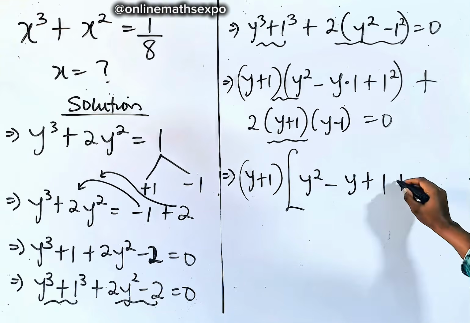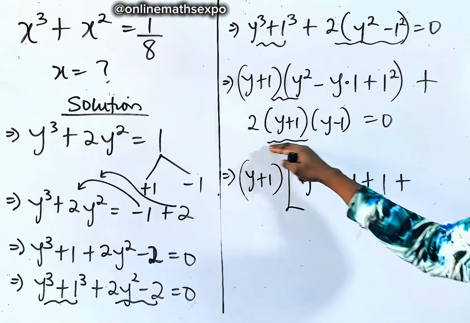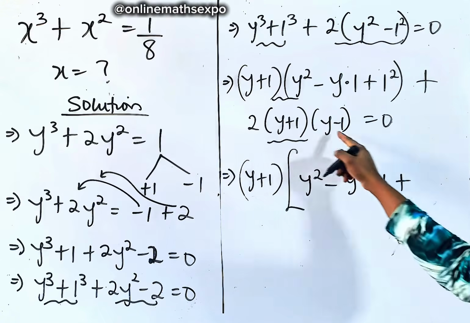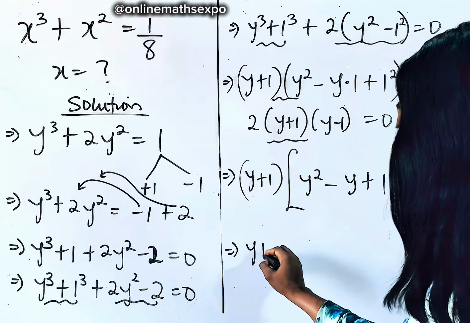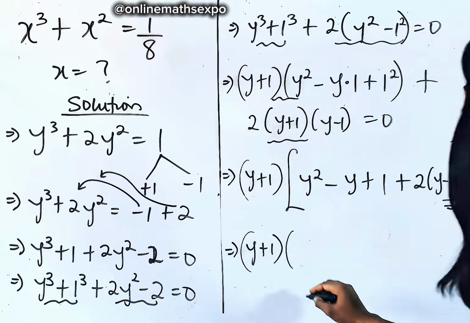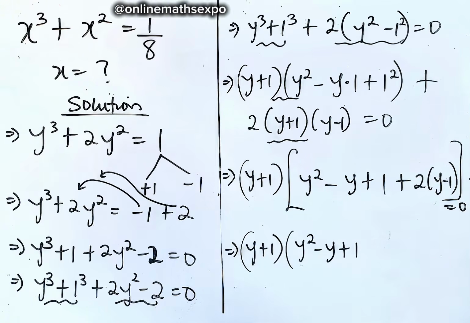Bring down your positive sign. Then use this to divide this 3. If you divide this, it cancels this, you'll be left with 2 into y minus 1 and is equal to 0. Keep solving. This gives us y plus 1 into, simplify, we have y squared minus y plus 1.